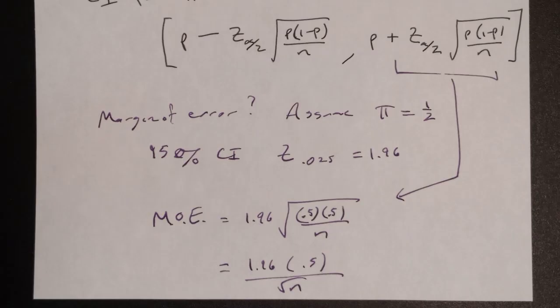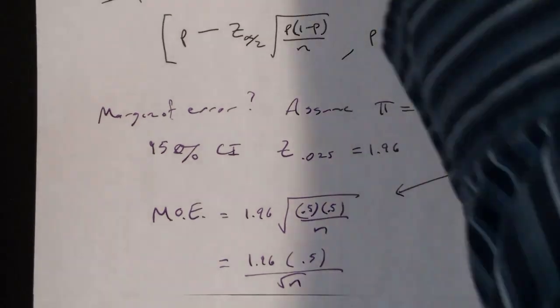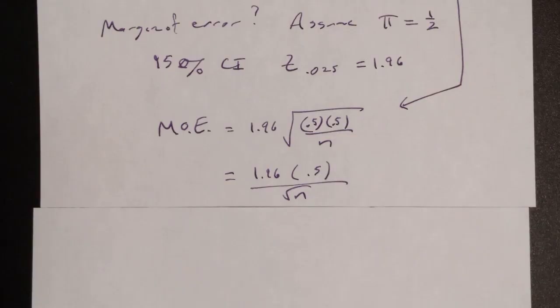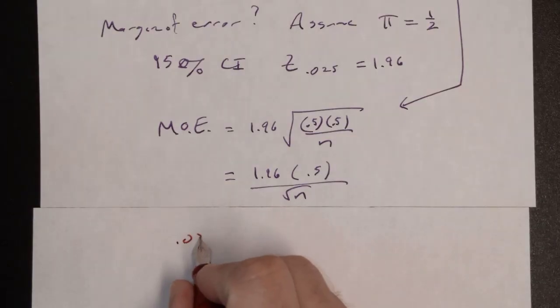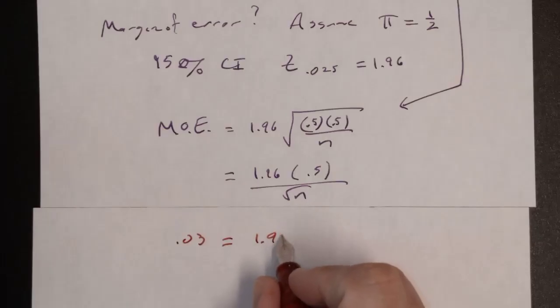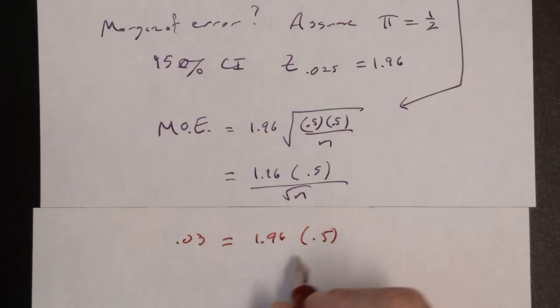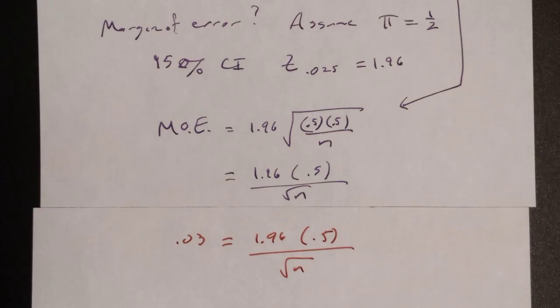If I want the margin of error to be 0.03, you can figure out what n is. 0.03 equals 1.96 times 0.5 over the square root of n. So I'm going to multiply the square root of n over to here: 1.96 times 0.5, and then divide by 0.03.